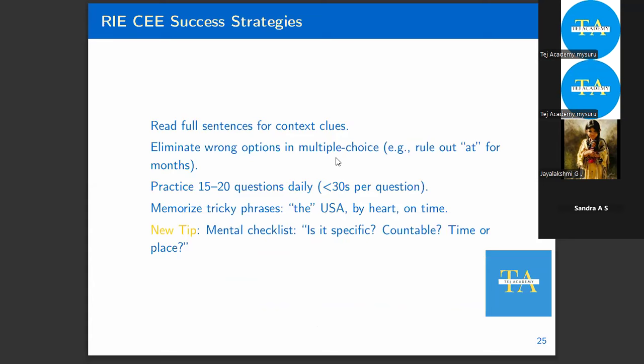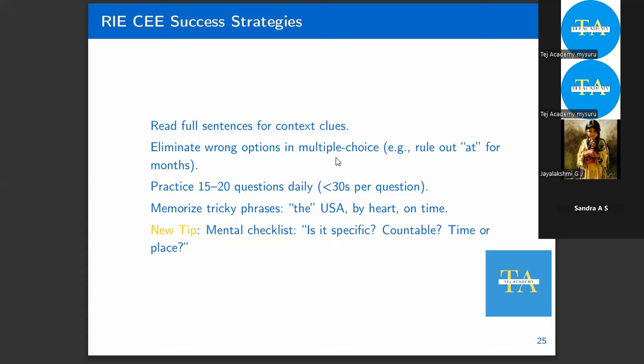So what we can do to find the right answer is, first, read full sentences for context clues. Because when you read the sentence, you find whether the sentence is complete or incomplete, and what we should add to make it right. And eliminate the wrong options in multiple choice, like rule out options that are not needed. And practice 15 to 20 questions daily.